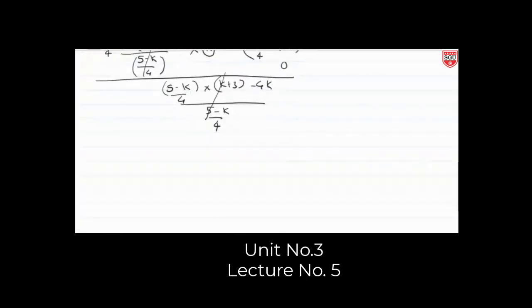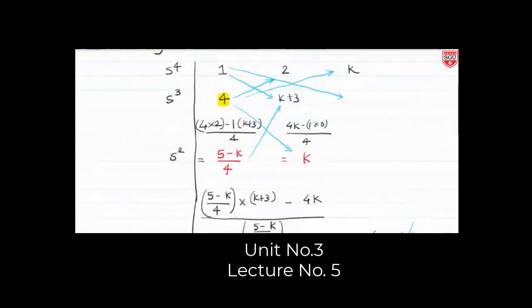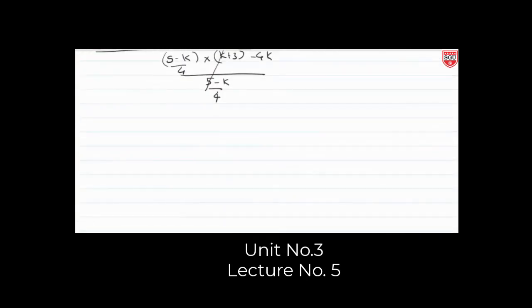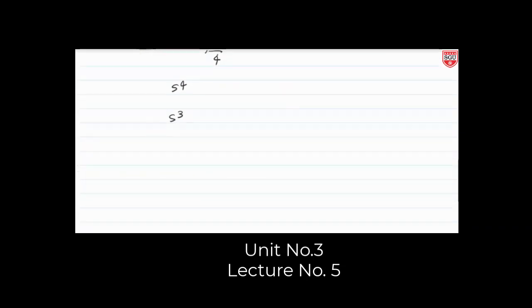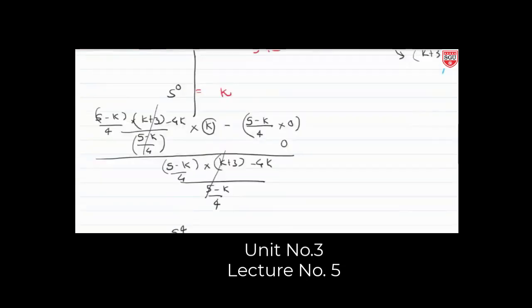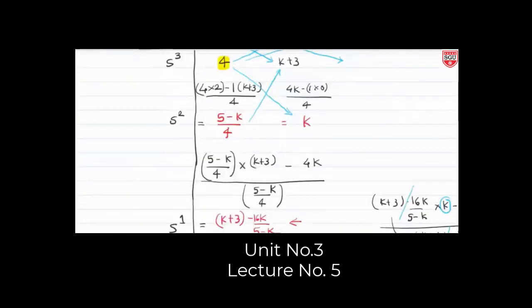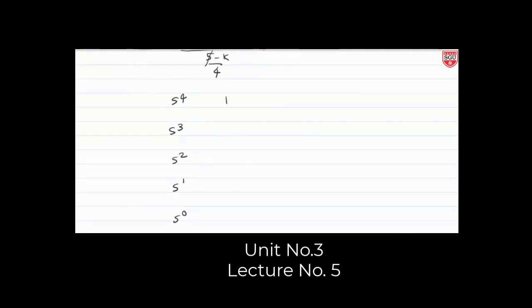So we now have our routh array. What the routh array's first row is saying, I will write once again. That is s raised to 4, s raised to 3, s square, s raised to 1, s raised to 0. So s raised to 4 is 1, then 5 minus k upon 4.